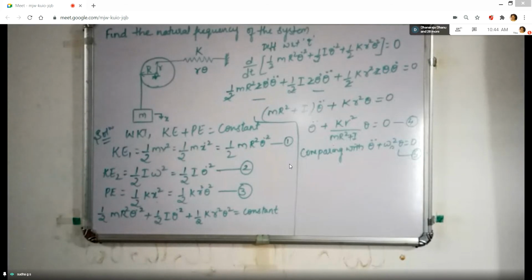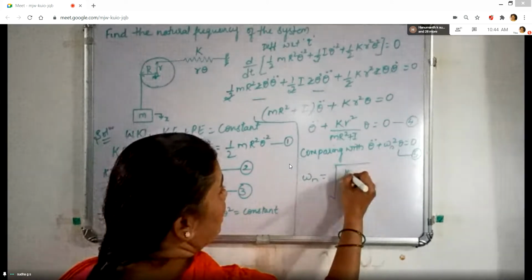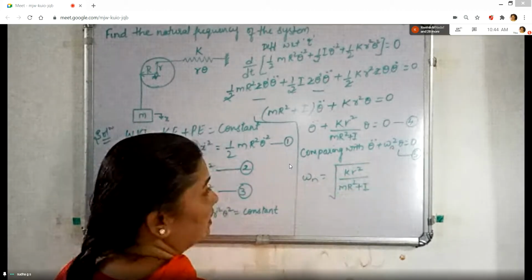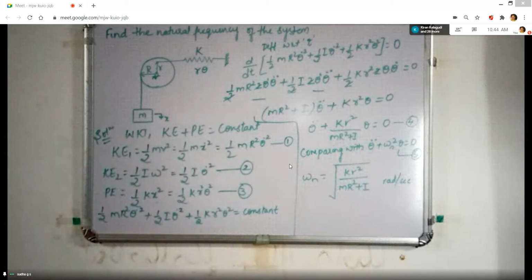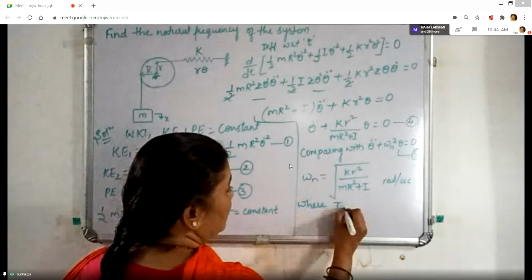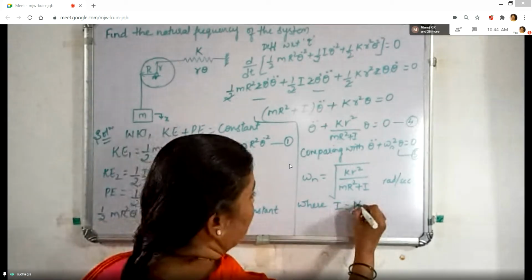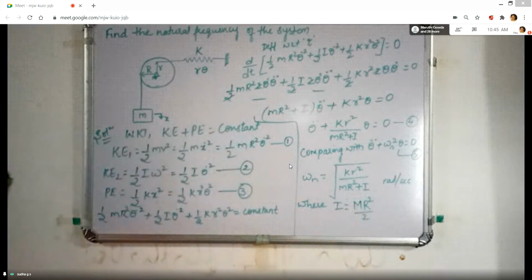When you compare equation 4 with equation 5, what do you get? Omega n is equal to under the root k r square divided by m r square plus I, unit radians per second, where I is the mass moment of inertia, and I is equal to capital M r square by 2.